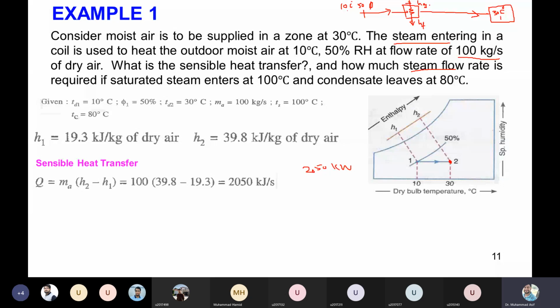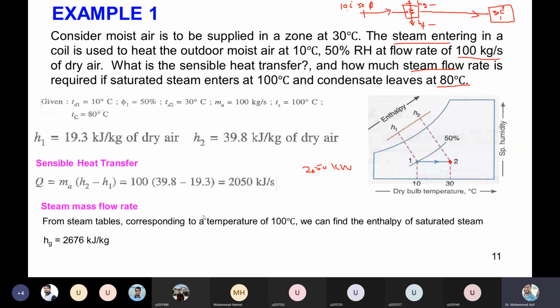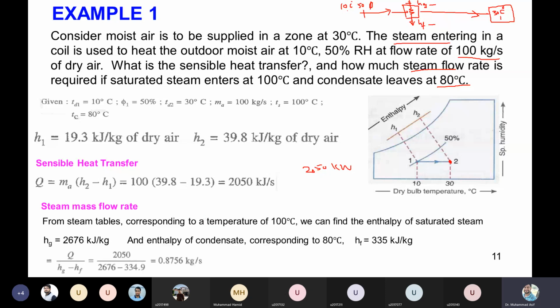So at 100 degrees C, we need to figure out the value of Hg, and at 80 degrees C, we need to figure out the value of Hf. Simply, we can calculate the mass flow rate from the simple formula: for the same amount of heat, you divide by Hg minus Hf. So about 0.8756 kg of steam is required in 1 second in order to attain the same amount of heating.